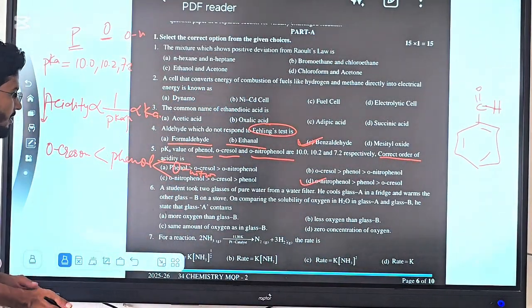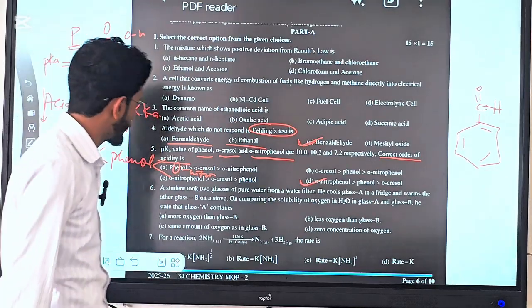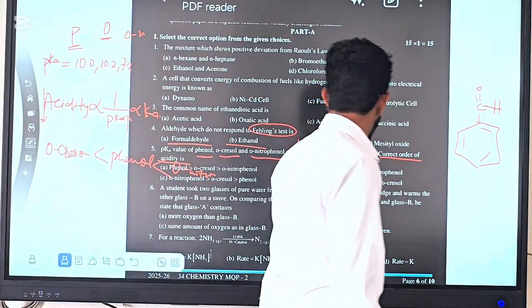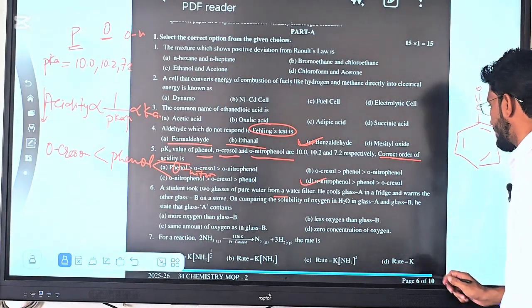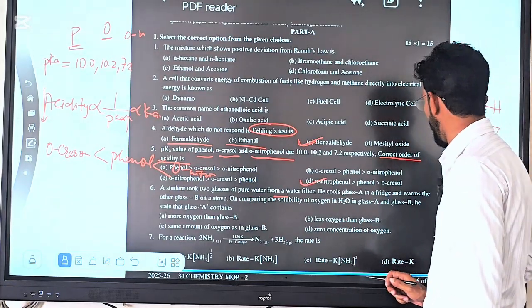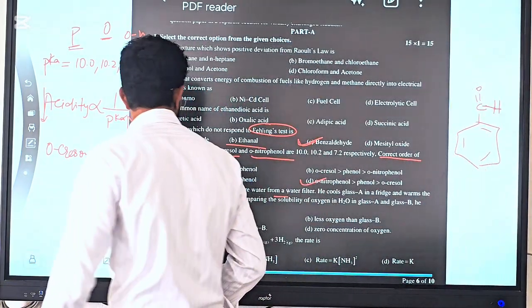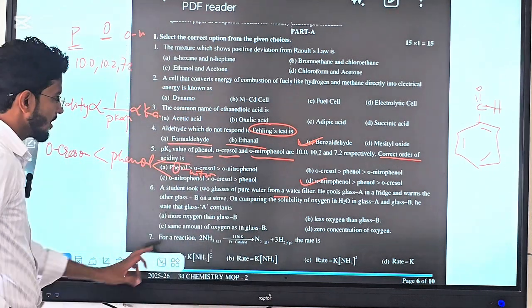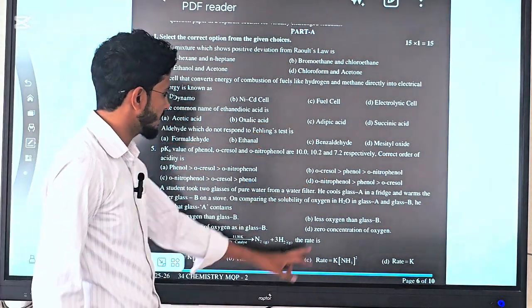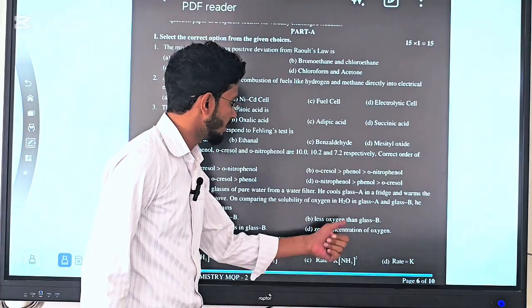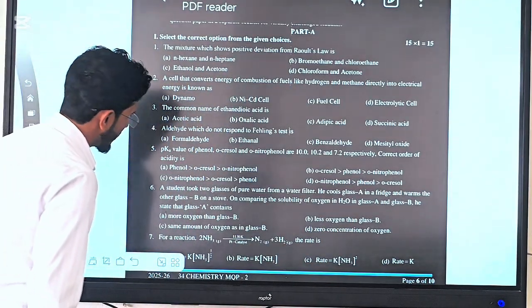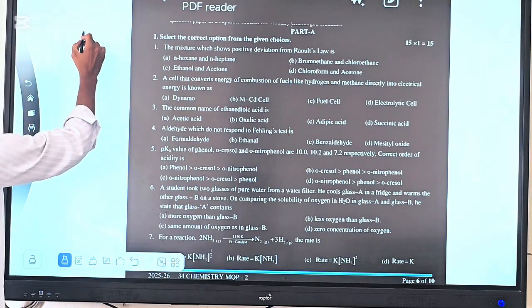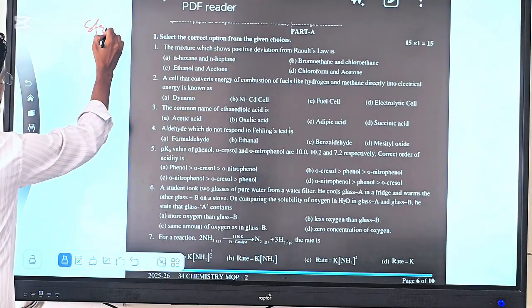Now, if you see question number 6, a student took 2 glasses of pure water from a water filter. He cools glass A in fridge and warms glass B on stove. On comparing the solubility of oxygen in water in glass A and glass B, state that the glass A contains... Okay. Now, there is a student.